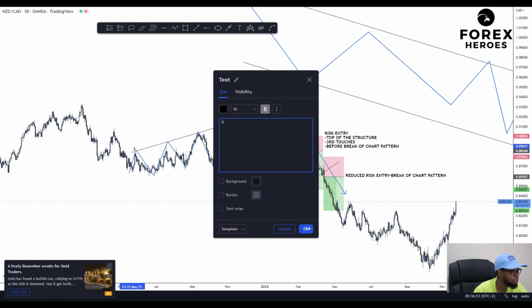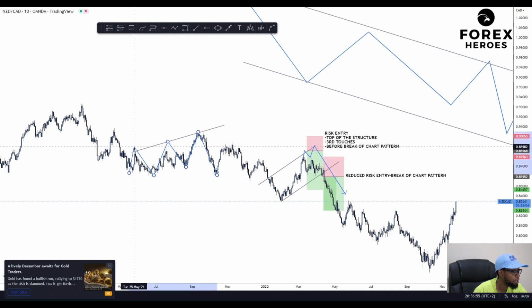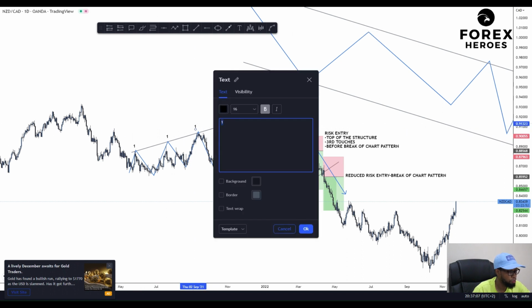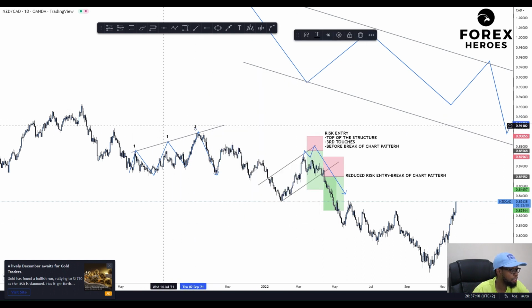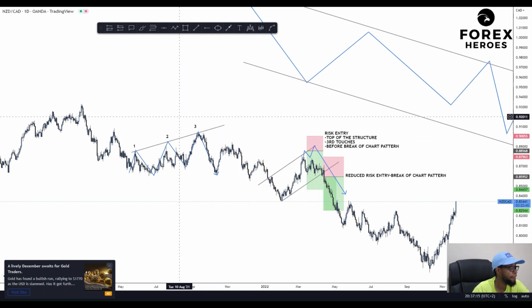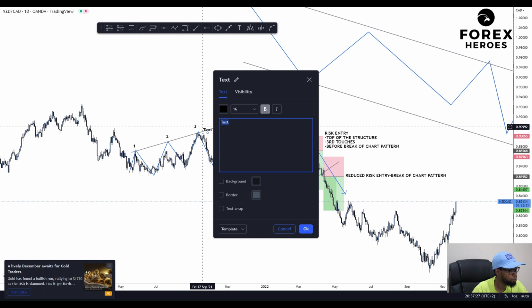One, two, three. That makes it getting your third touch at the risk entry, RR. And then this one will be triple R. So you can see here, 1, 2, 3.